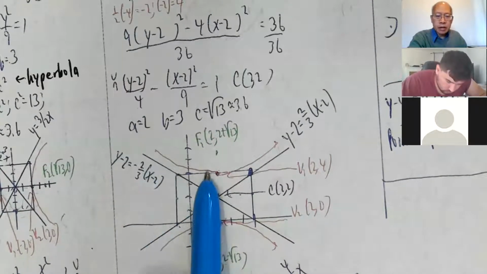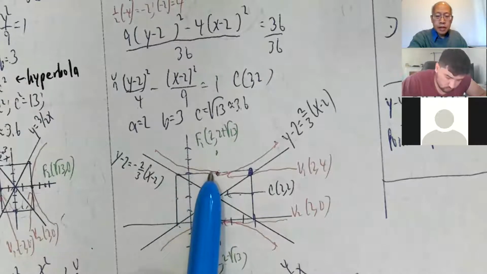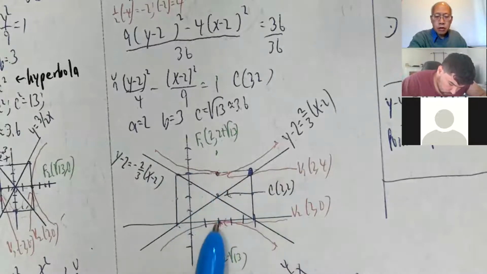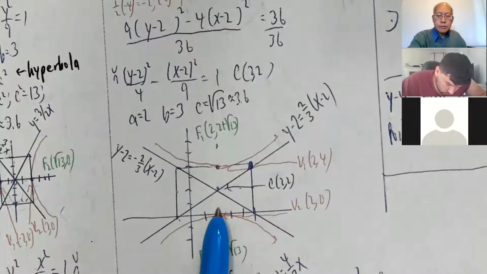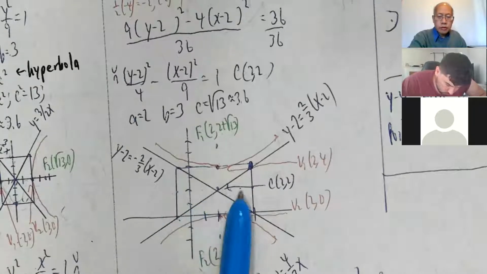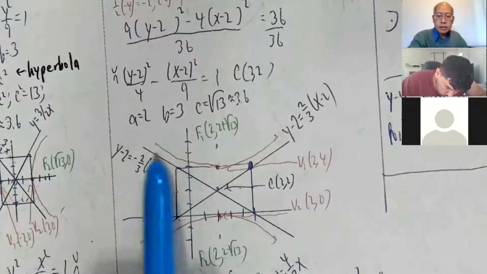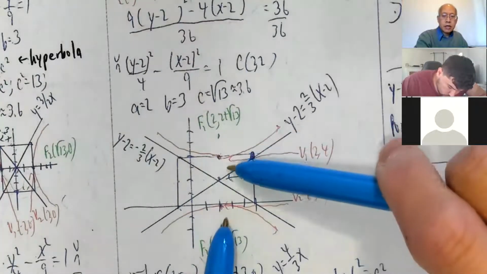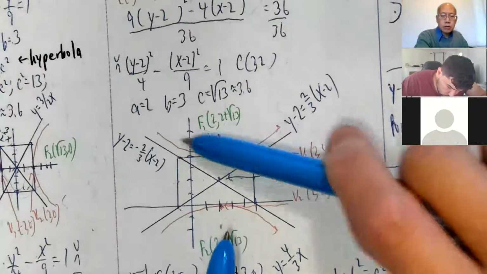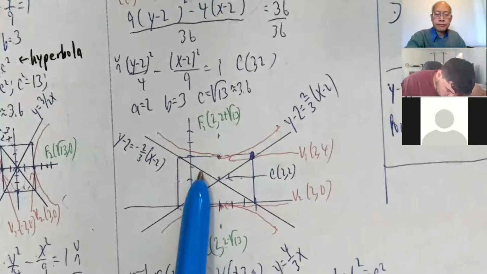A is 2, up and down 2. Vertex 1, 2, 4. Vertex 2, 2, 0. Left and right is 3. 1, 2, 3. 1, 2, 3. Draw my box. Connect the diagonals. They will be my asymptotes. Take the 2 vertices. Curve them toward the asymptotes. Here we go.